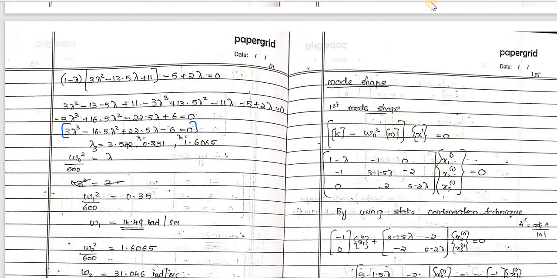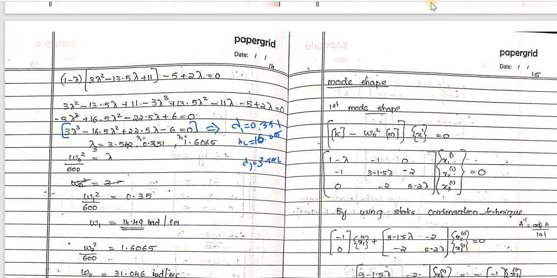After solving, I get lambda 1, lambda 2 and lambda 3. One is 0.351, the next is 1.6065, and the last is 3.5. Here you take the lowest value as lambda 1, next is lambda 2.